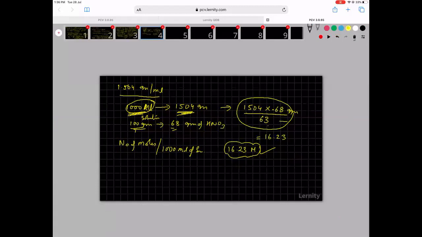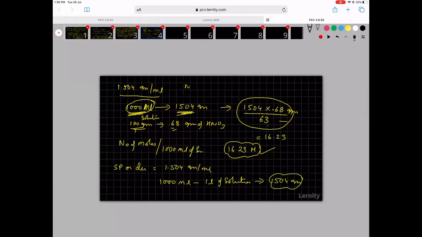To find out the molarity, I am given that the specific gravity or density is equal to 1.504 grams per ml. That means if I take 1000 ml or 1 liter of solution, in that 1 liter of solution, we have 1504 grams.